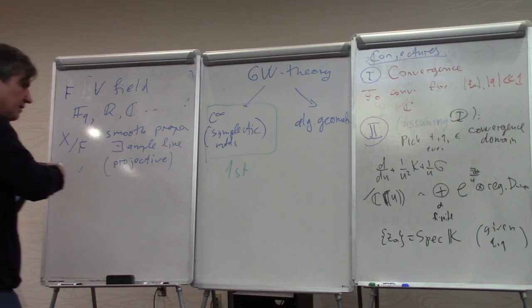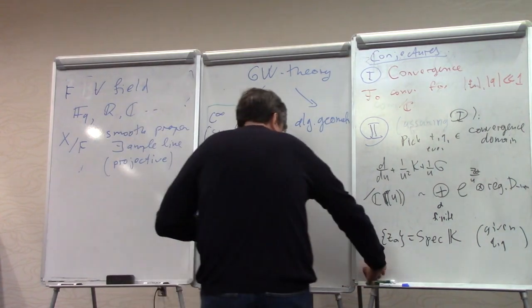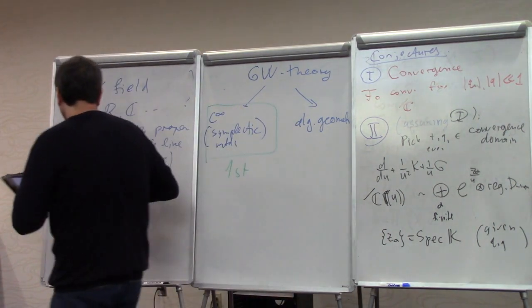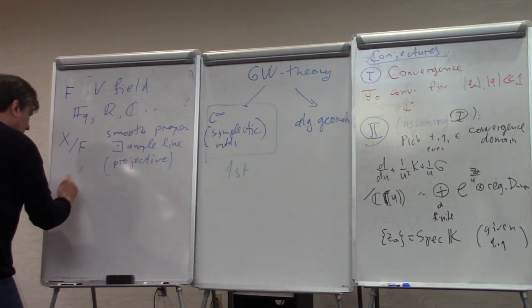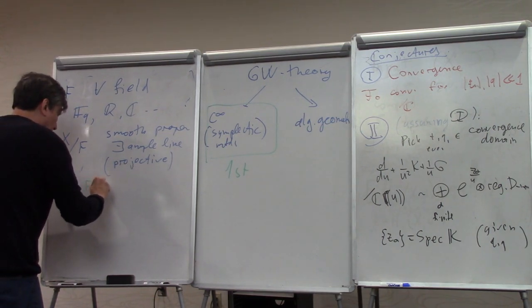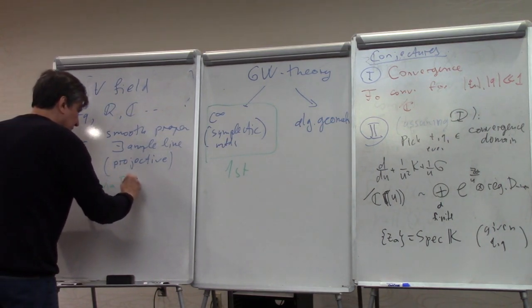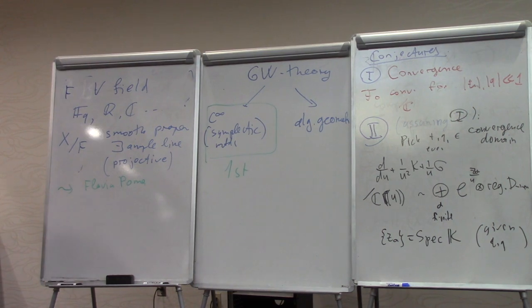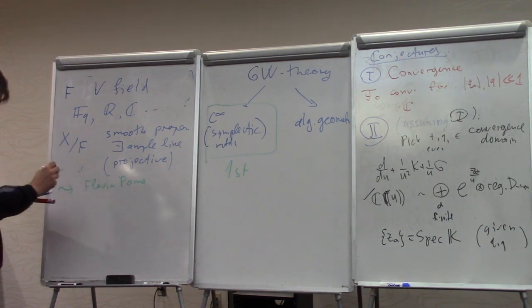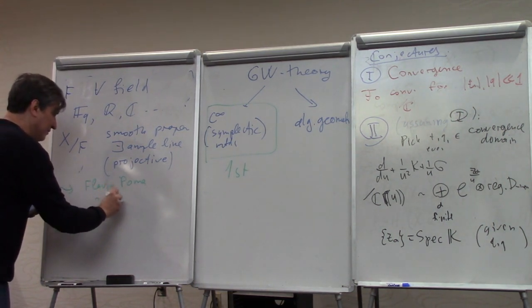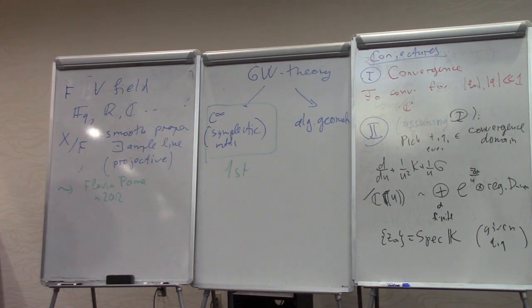Then there was a story developed by a lady called Flavia Poma. She left mathematics, she now works in the City in London, I suppose. But around that time she wrote the thesis. She constructed the Gromov-Witten theory and checked all the axioms, especially in genus 0.